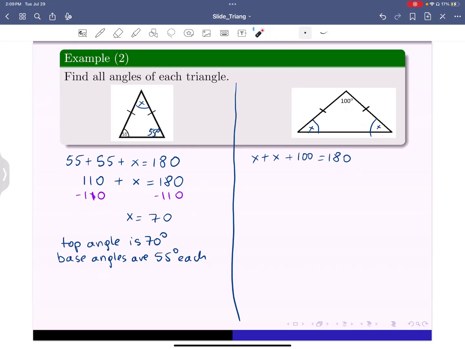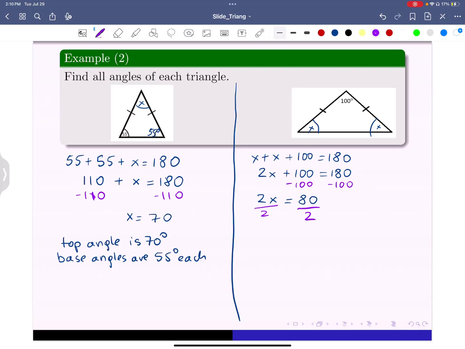So 1x plus 1x gives me 2x plus 100 is equal to 180. Now we need to solve it. First subtract 100 from both sides, and we have 2x is equal to 180 minus 100, which is just 80.